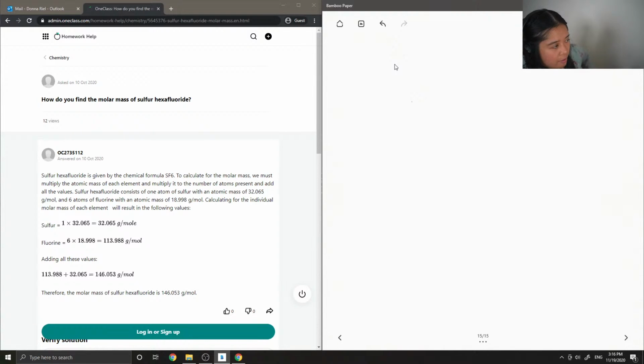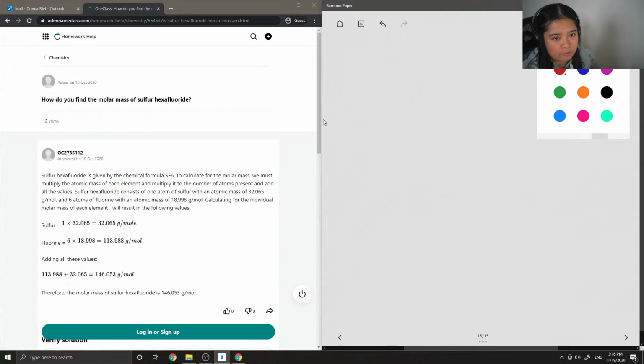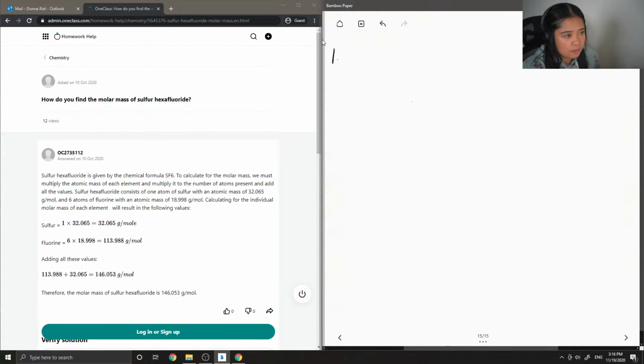Question 1 asks, how do you find the molar mass of sulfur hexafluoride? The name of this compound is sulfur hexafluoride.